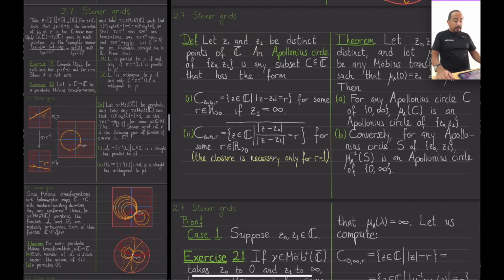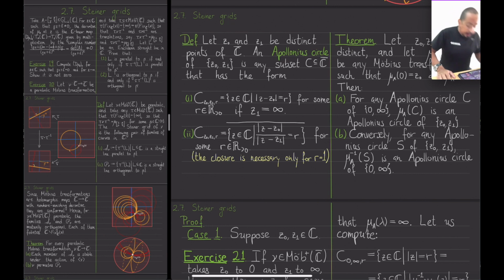So if infinity is one of the two points, let's say Z1, then an Apollonius circle is simply any circle in C centered at the finite point. So the Apollonius circles of the pair are simply the circles in C centered at the finite point.